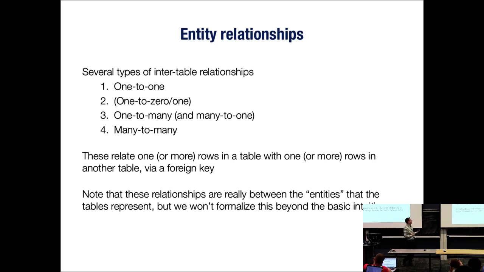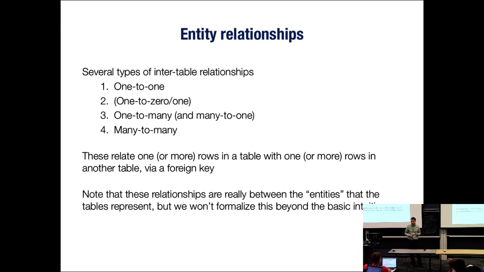There's the one-to-one relationship, which actually seems very simple, but almost never happens in databases, for a reason we'll talk about in a second. There's also a one-to-zero-or-one, which I don't usually see mentioned as a formal relationship type, but it's actually much more common than true one-to-one relationships across tables in a database. There are one-to-many, and then the converse, many-to-one.